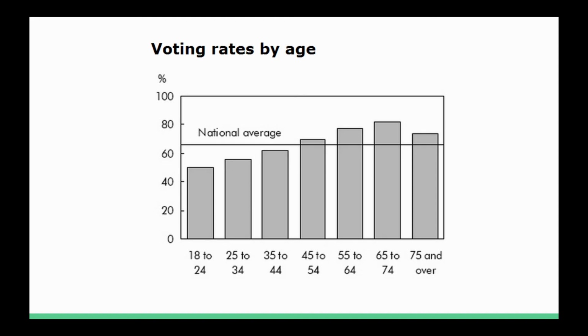Typically, it's the seniors that are voting. And you can see on the left-hand side, our young people, they fall well below the 60% voter turnout. And as you get older, you tend to hit that national average of about the 60% mark.